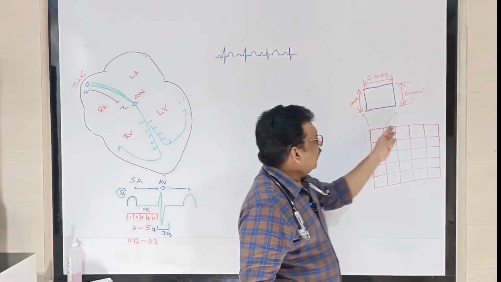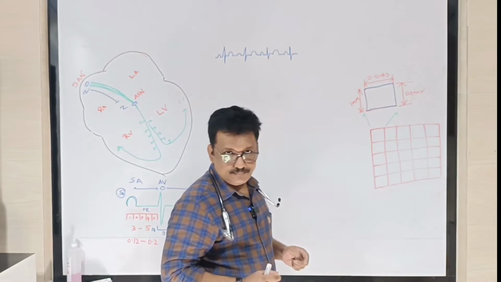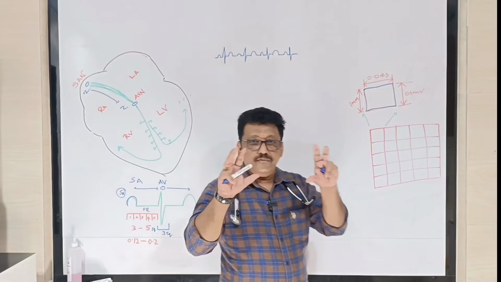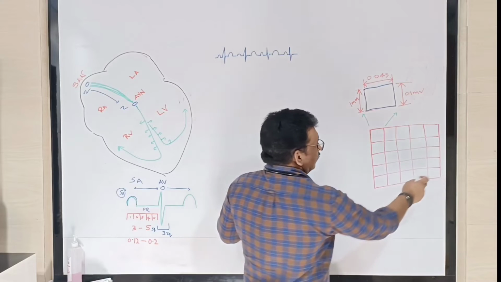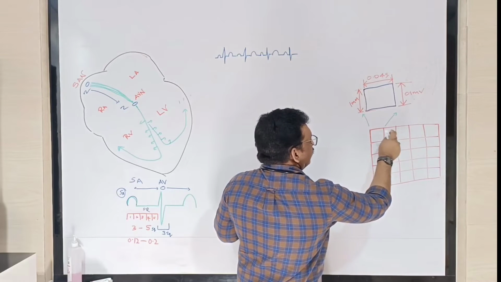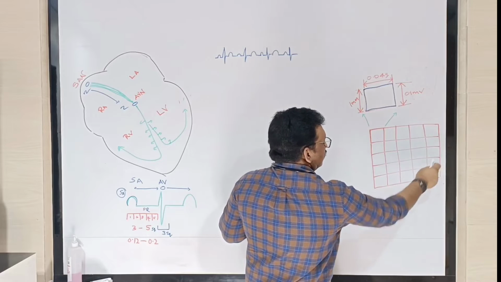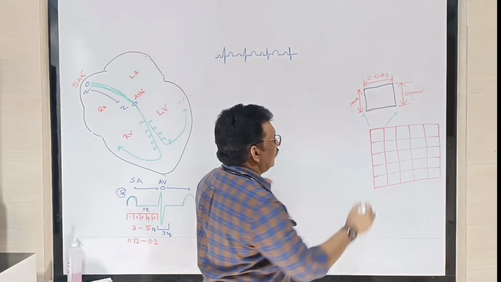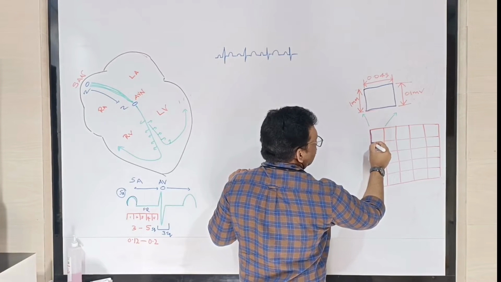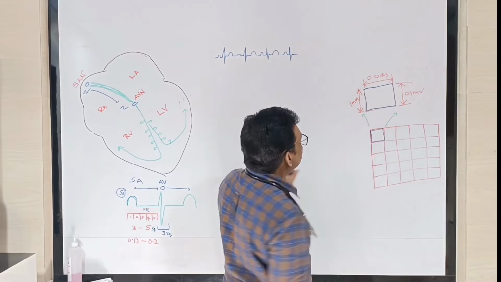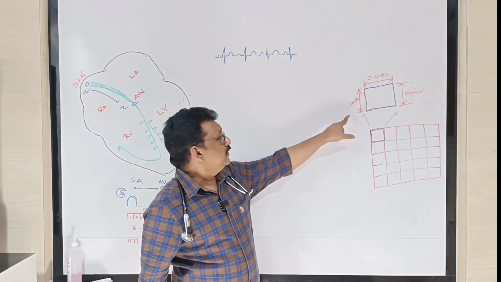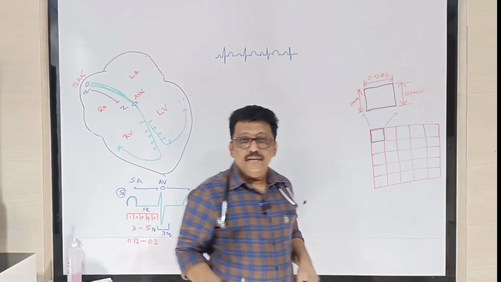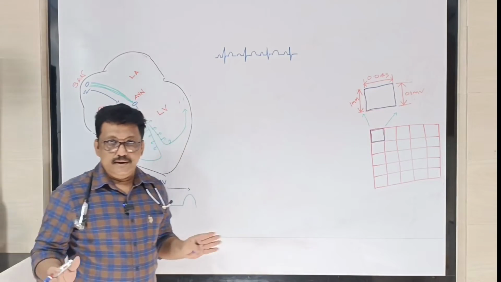In that sheet you can see a large number of small squares, and some squares accumulate to form a big square. So you can see small squares like this. You can take 5 squares like this, or you can take only one square from this. The smallest square in ECG we have taken here. The time of the smallest ECG square is 0.04 second, at the speed at which the ECG paper is running.